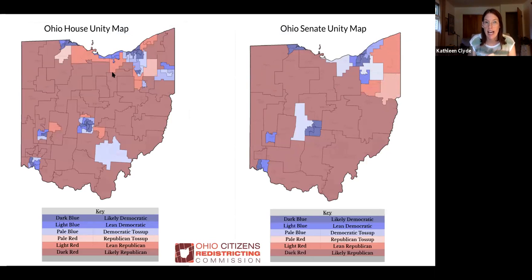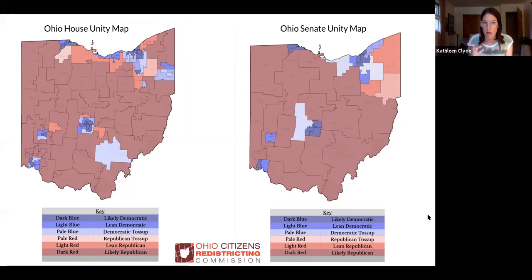So looking at our Ohio House map and Ohio Senate map, again, this reflects the equal population requirement, the requirement of keeping communities together. We did not break a single rule laid out in the Ohio Constitution about splitting counties, townships, or municipalities in drawing these maps.